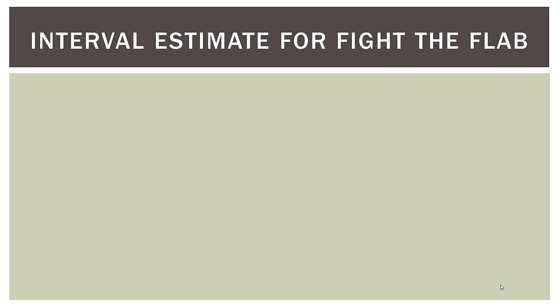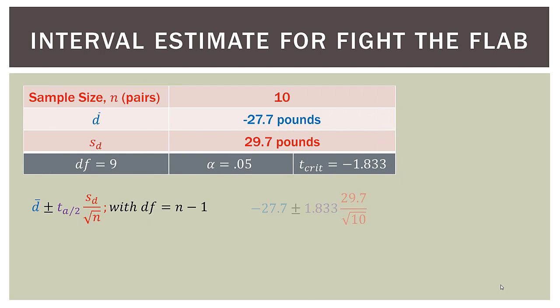Okay, so let's go ahead and find our interval estimate for this difference. Here's all the information we had before and the formulas we saw a couple slides ago. So our interval estimate, remember, was d bar, the mean of the differences, plus or minus t alpha over 2 times our standard error. Now our interval estimates are always two-tailed, so we're going to use the t alpha over 2.